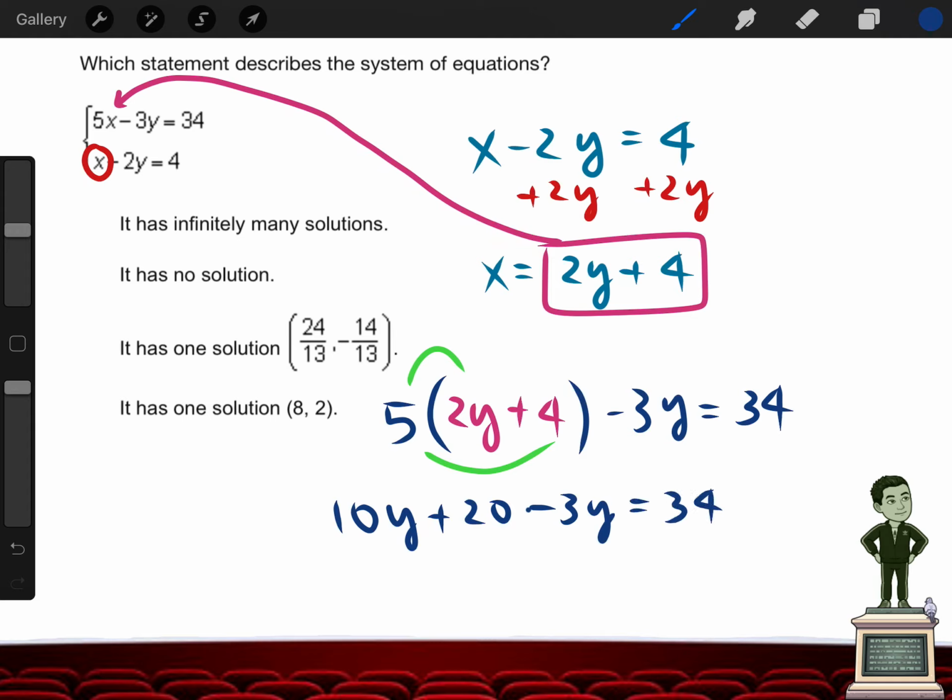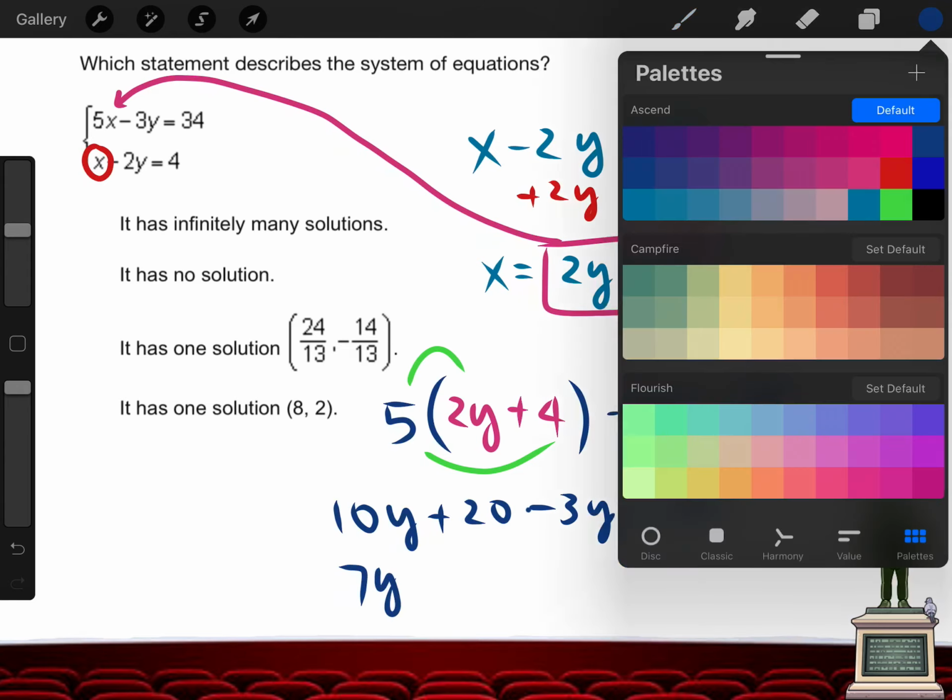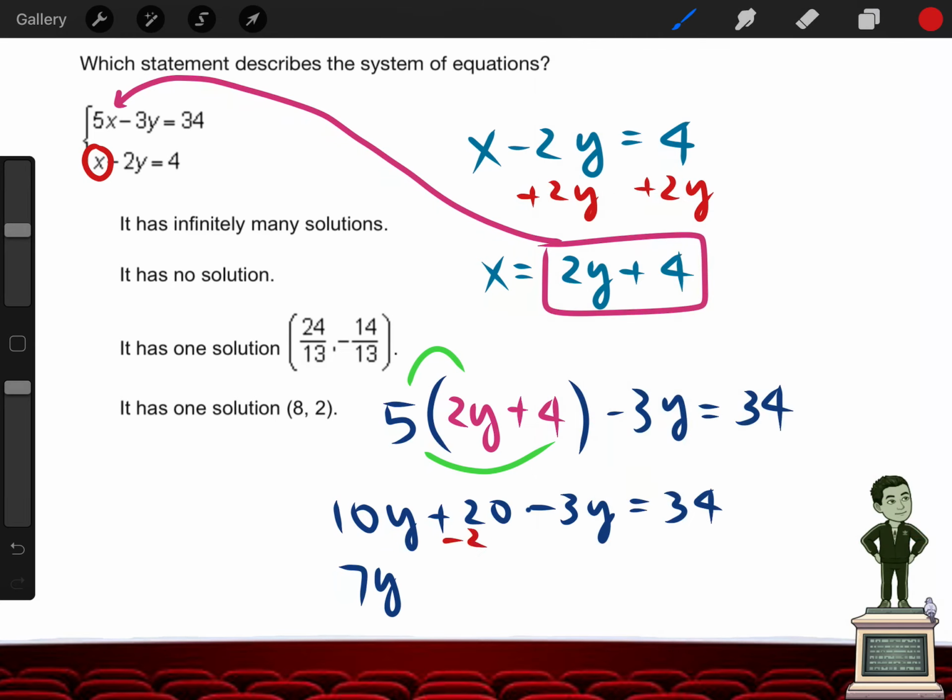Okay. All right, so you're going to just combine the like terms. So you can combine 10y and negative 3y, so that's going to be 7y. And then I'm going to subtract 20 on both sides. Oh, nice. So that's going to be 14. So y is equal to 2. Okay, so y equals 2.